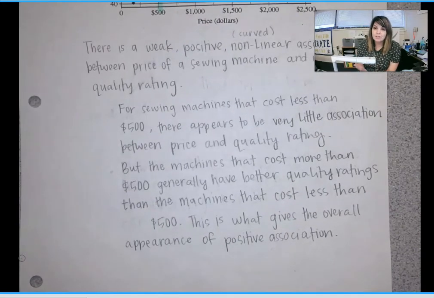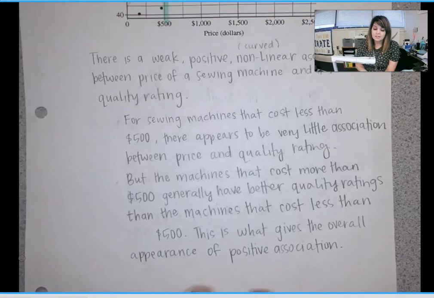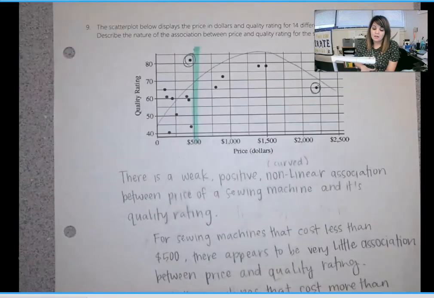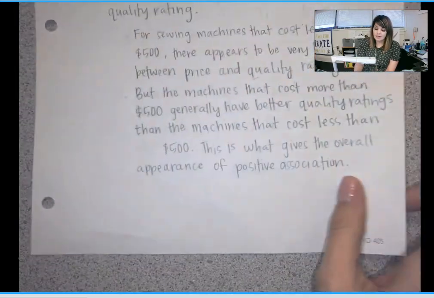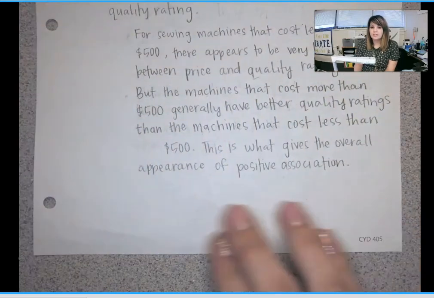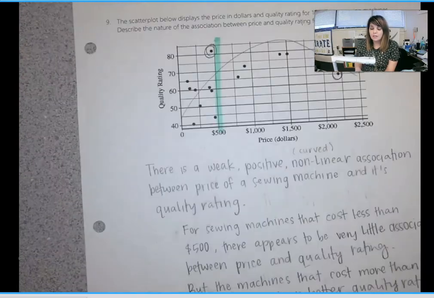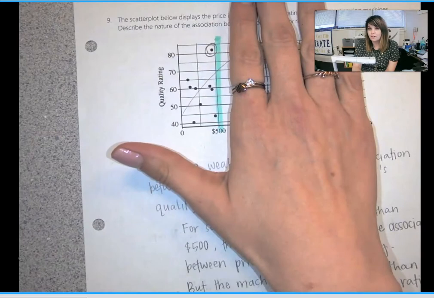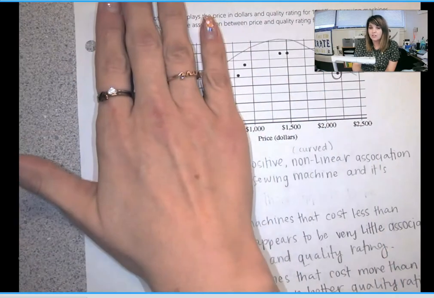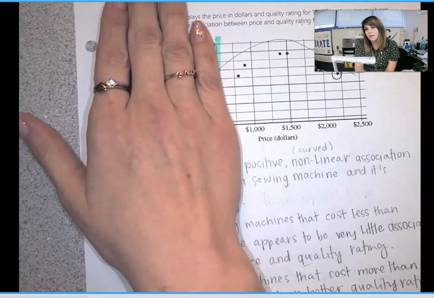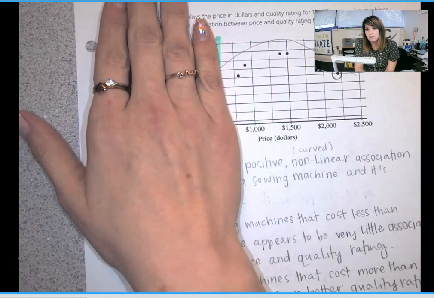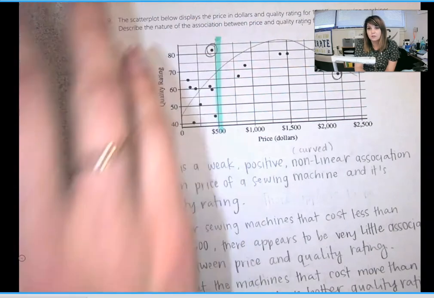We can't really say as X increases, Y increases, because that's not necessarily the best description of what's happening. Overall, and I've stated that, overall, there is positive association, but really less than 500 is not so much, and more than 500 is, I would say, definitively a positive association.